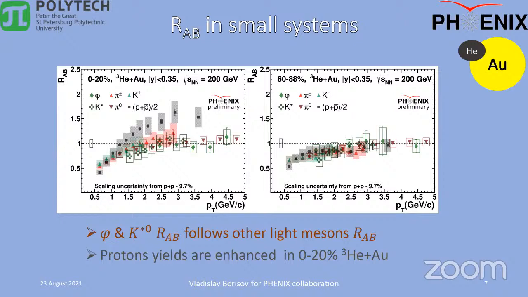The nuclear modification factors for different hadrons are shown for most central and most peripheral helium-gold collisions. In central collisions, proton yields are enhanced as in proton-gold and deuterium-gold collisions, while all other mesons, independently of quark content, lie on the same curve.